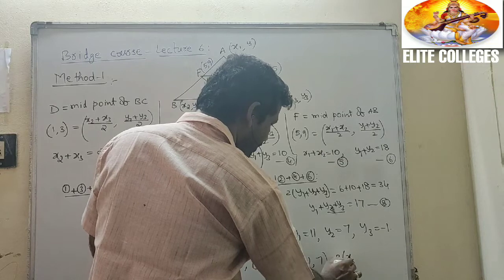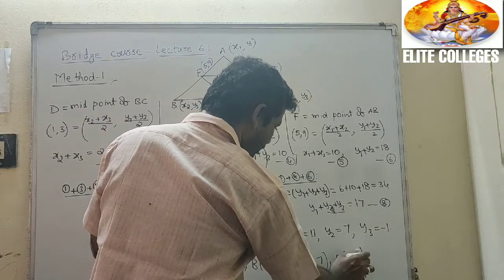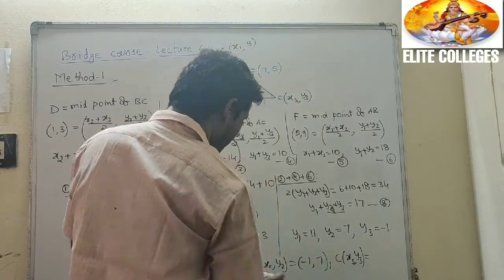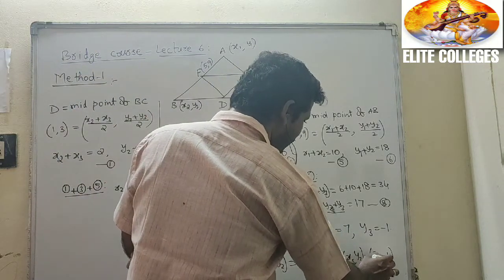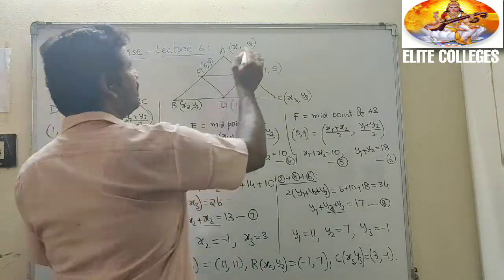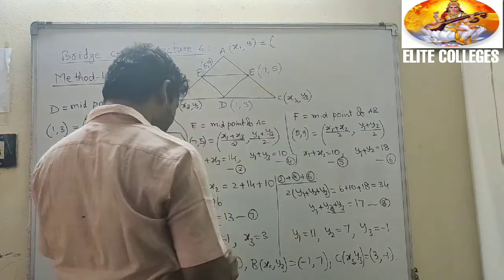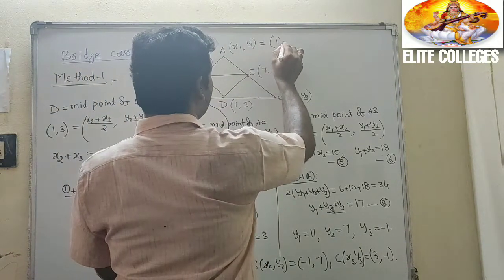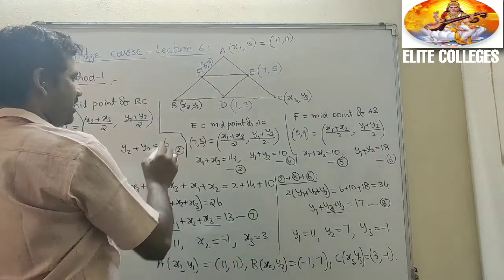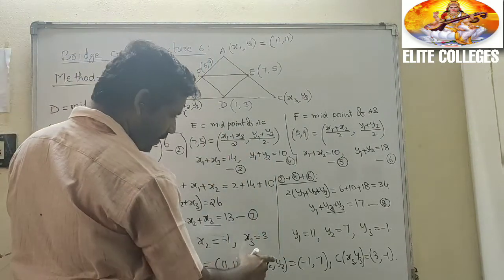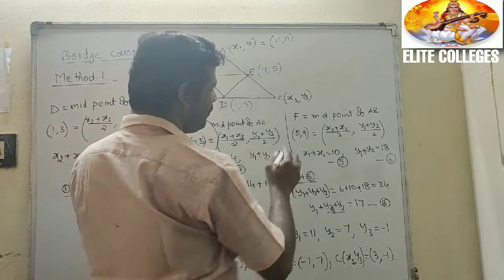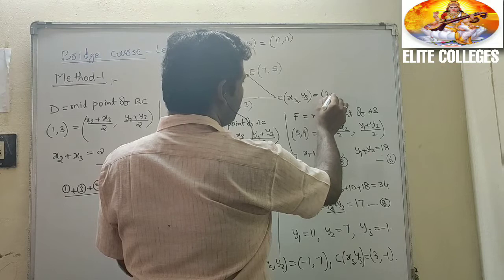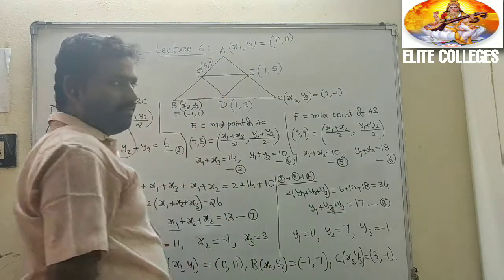C point x3 y3 equal to 3 comma minus 1. So the first point is 11 comma 11, the second point is minus 1 comma 7, and the third point is 3 comma minus 1. So this is method 1.